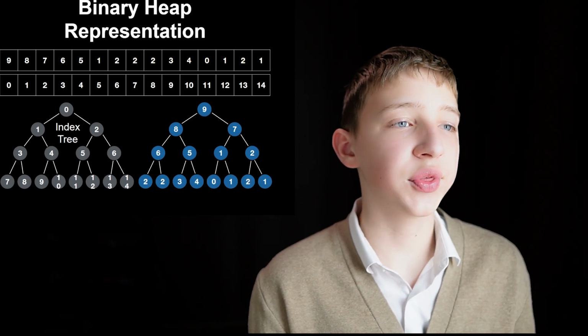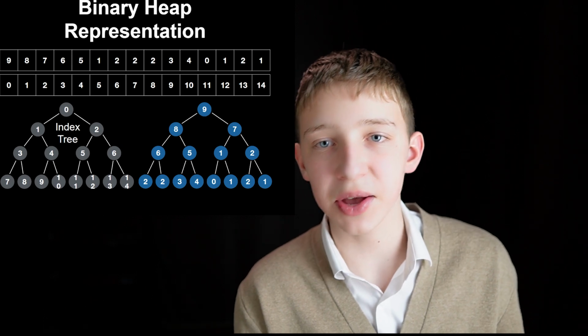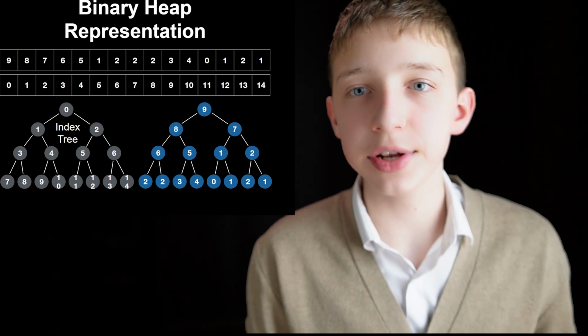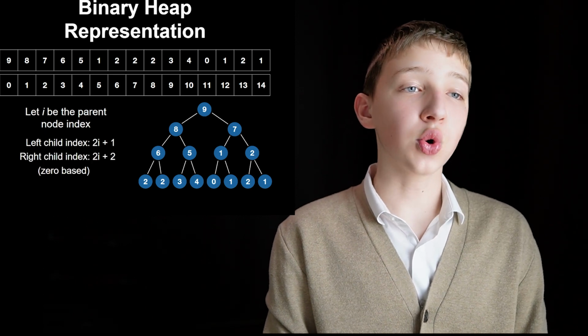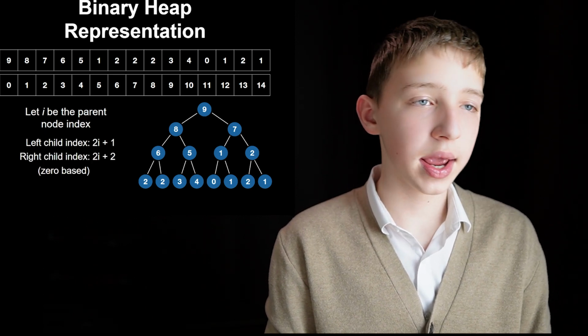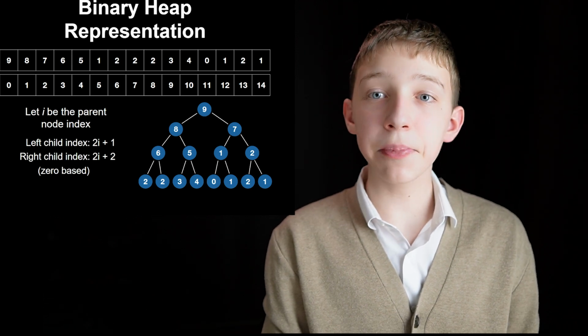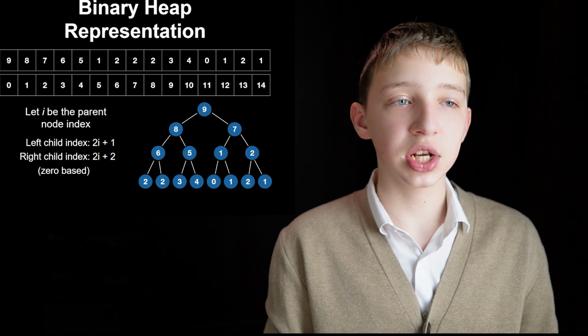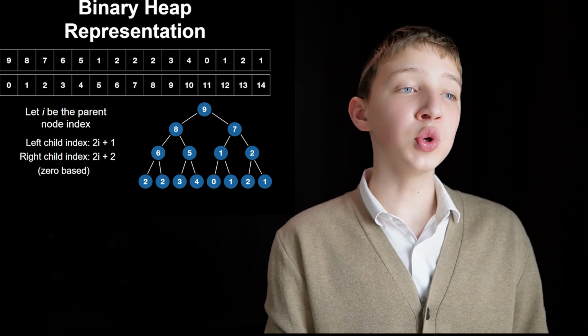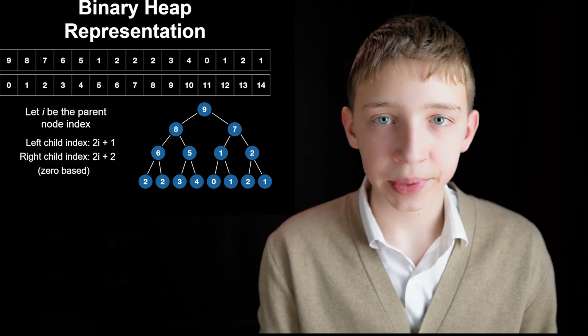The next interesting property, which is very important and very neat, is that when storing a binary heap in an array, we are able to easily access the children of a parent node using a formula.